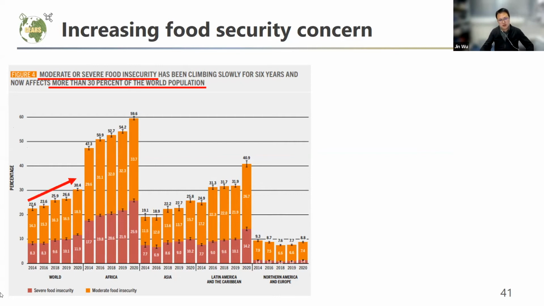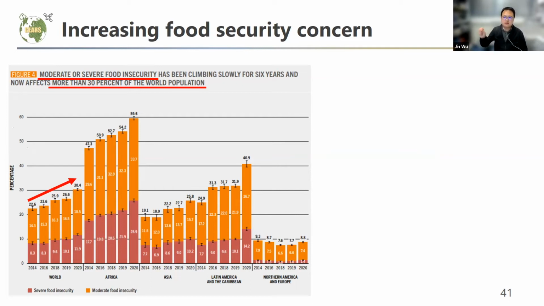And now if we put in the temporal trend, we can see over time there's an increasing trend. Now, if we project it to the future, for example, with ongoing climate change, more land will probably be less favorable for agricultural production. That means food supply can be a significant issue. At the same time, we know the worldwide population is still significantly increasing.